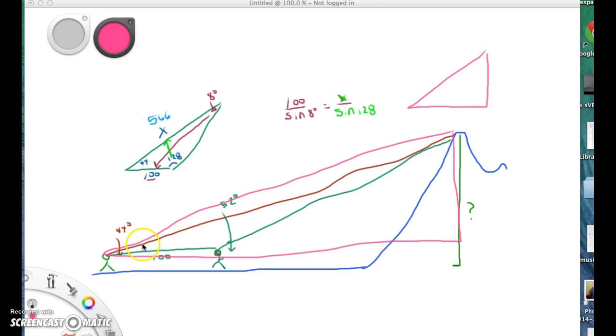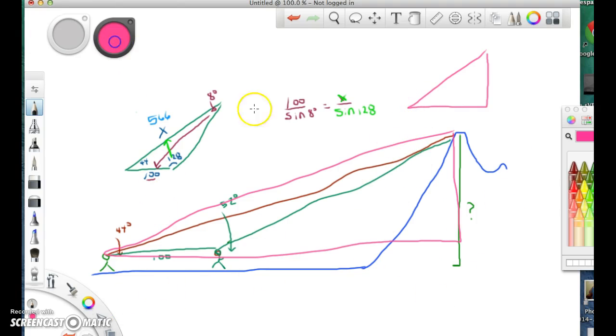Okay, so we have the big triangle, and we know that this angle right here is 44.